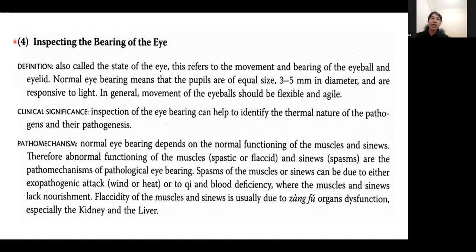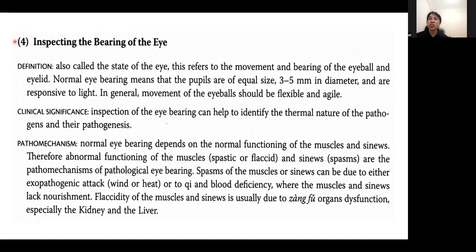In pathomechanism, normal eye bearing depends on the normal functioning of the muscle and sinews. Therefore, abnormal functioning of the muscle, spastic or flaccid, and sinews with spasms are the pathomechanism of pathological eye bearing.